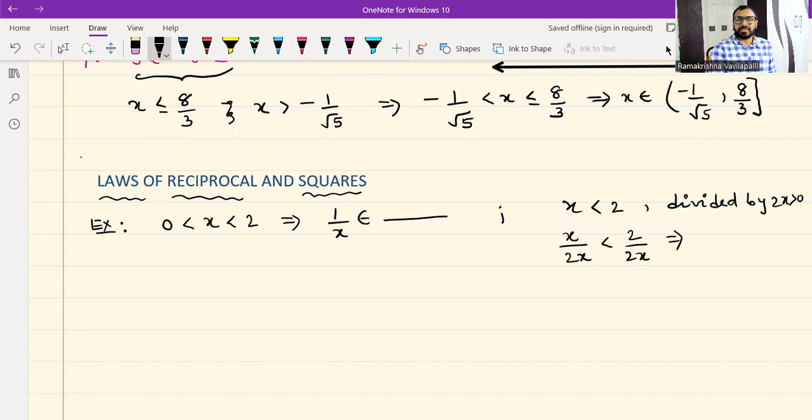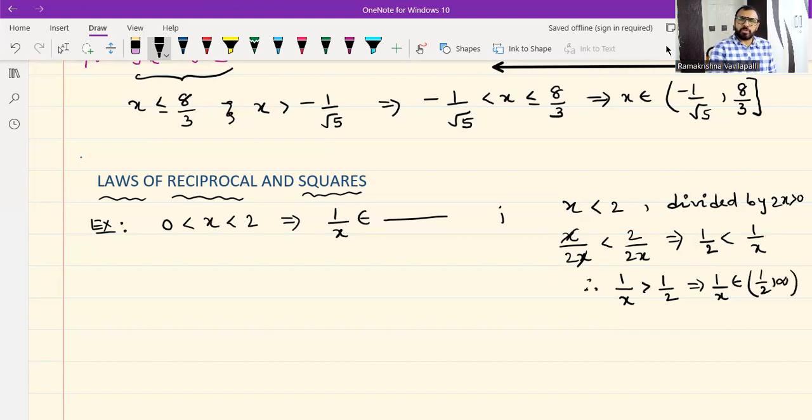This implies here x cancelled. So you will get 1 by 2 less than 1 by x. Right? So which means that 1 by x is greater than 1 by 2. So 1 by x belongs to, you know that we have seen many questions, that this belongs to 1 by 2 to infinity.